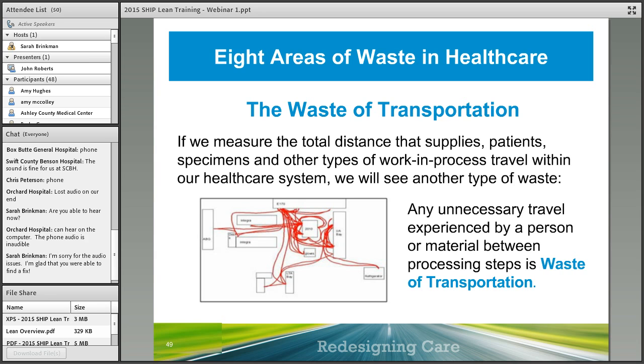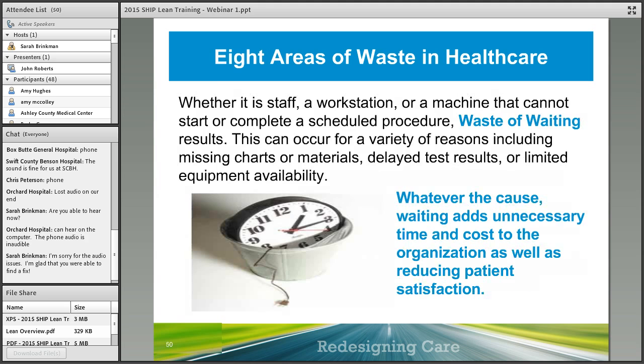It could be a long distance between the laboratory and the ER room. It could be moving patients multiple times when better coordination could have coordinated that movement and reduced some of that transport time.